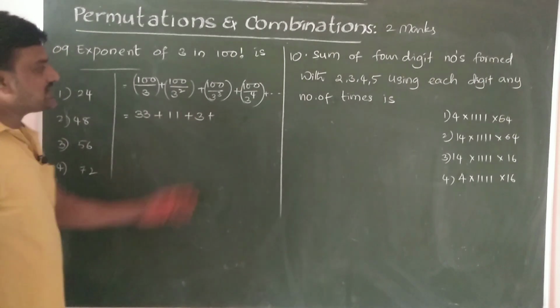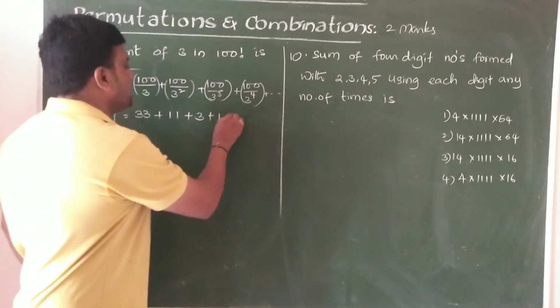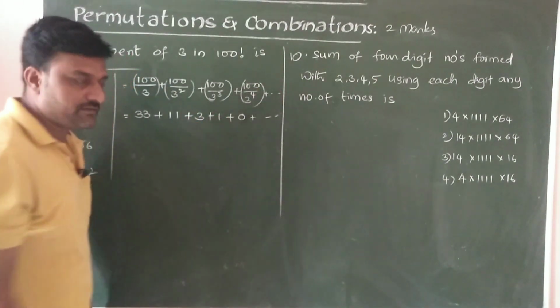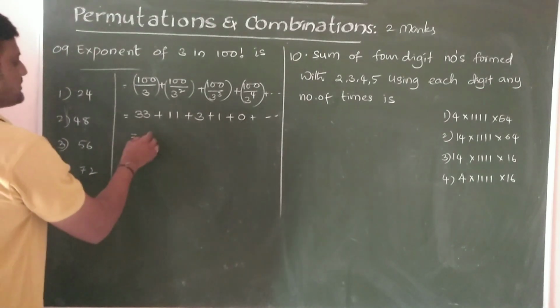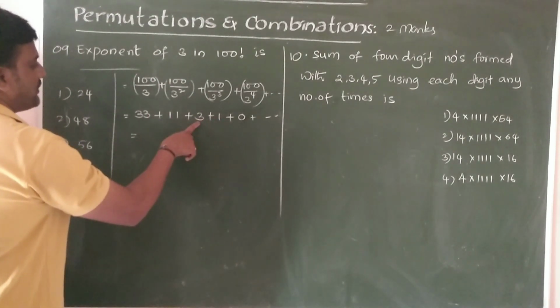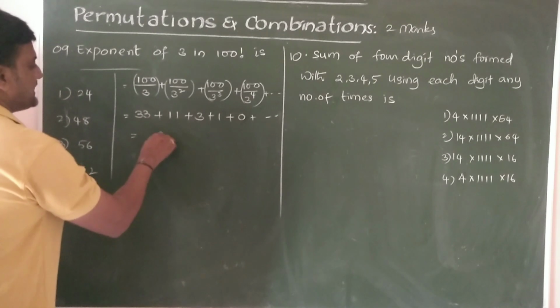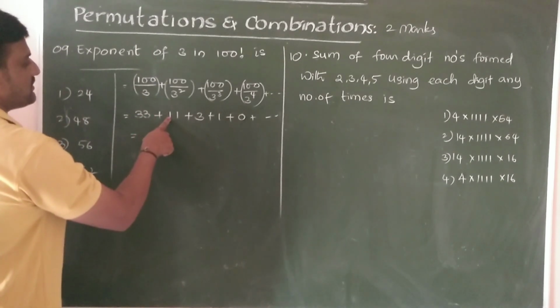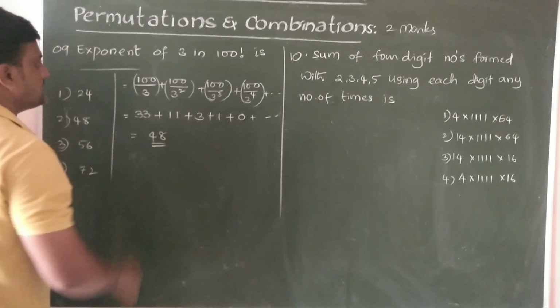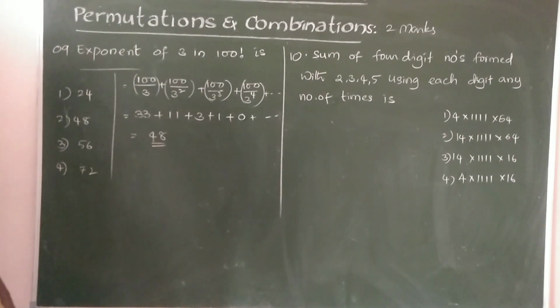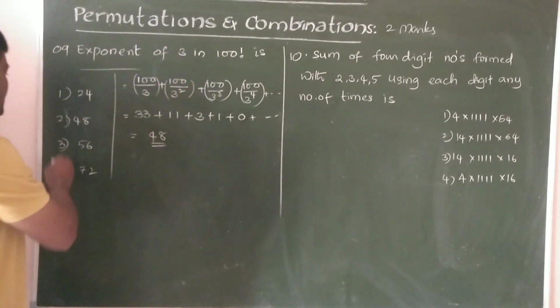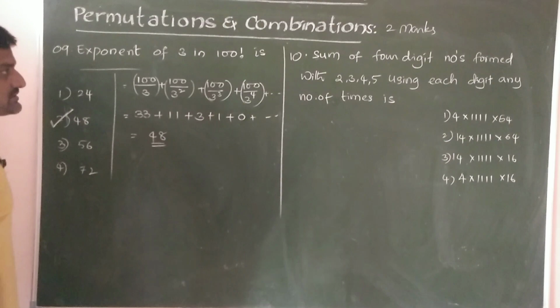Now the next one, 3 by 3 is 1. The next one, 0. So on, enough. And that equals 33 plus 11 plus 3 plus 1, which is 48. 48 3's are there in 100 factorial. The second option is our right option.